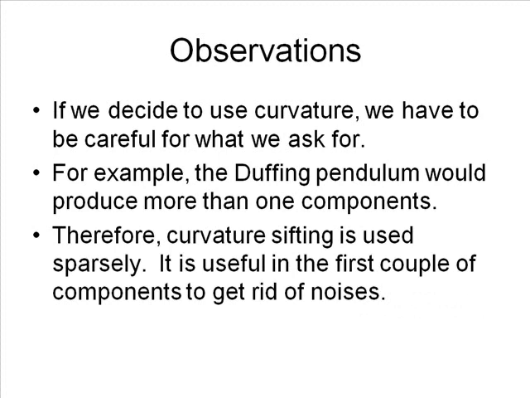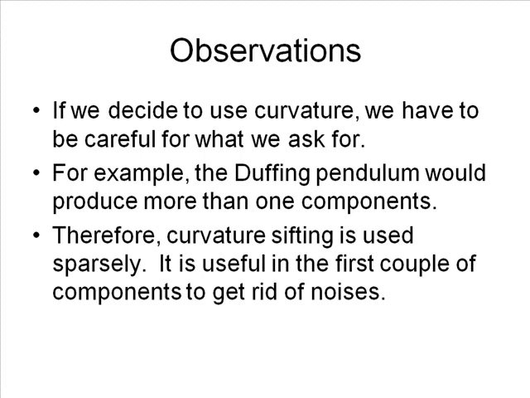And if we decide to go to curvature, then we have to be prepared for the consequences. The consequences here are sometimes pretty severe. For example, later we'll get into Duffing pendula. At the beginning I talked about Duffing pendula. The peak is sharp and the trough is sharp.